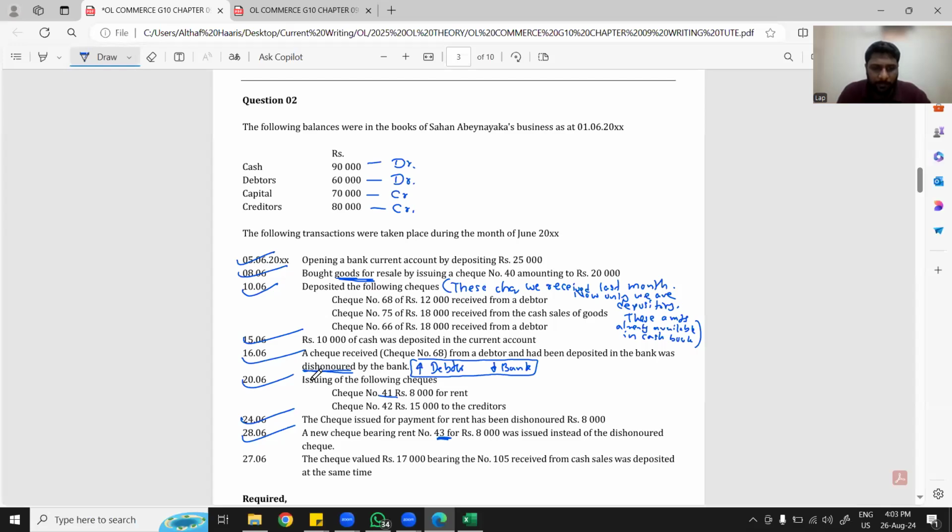Next, a check valued 17,000 bearing number 105 received from cash sales was deposited at the same time. So you have done a cash sale and you have deposited at the same time. So no need to put it to cash and take it back to the bank again.